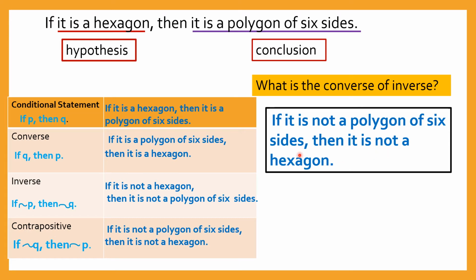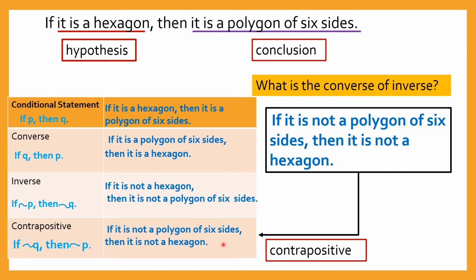Now, can you find a statement similar to this here? If it is not a polygon of 6 sides, where is it? This one. The converse of inverse is the same as the contrapositive. If it's not a polygon of 6 sides, then it is not a hexagon.